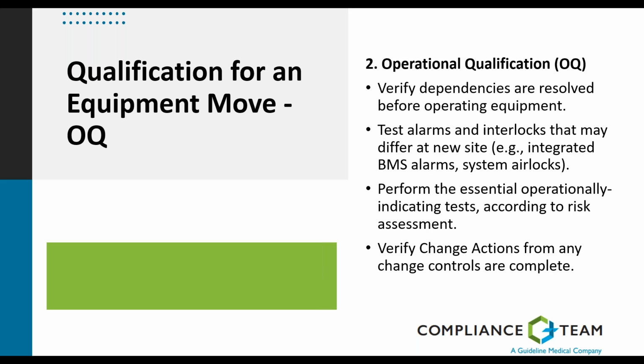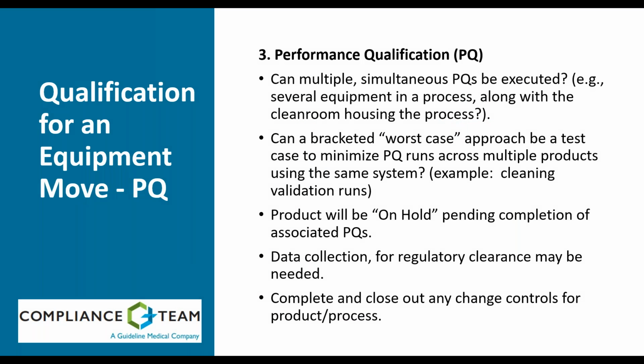And then, of course, for the PQ. PQs or process validations are a special case because you might have numerous processes that are assigned to that piece of equipment or to that system. Can you do some kind of a bracketing study? Can you choose one worst case situation and use that one as a signal of the performance attributes across all?